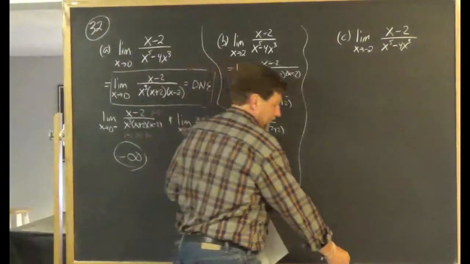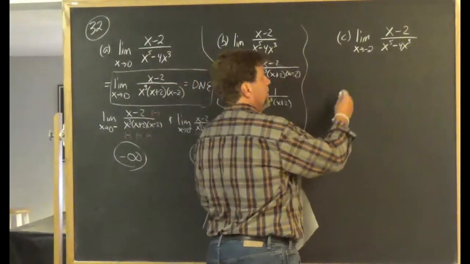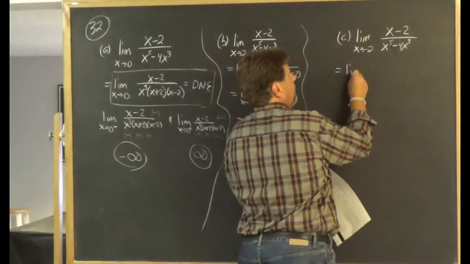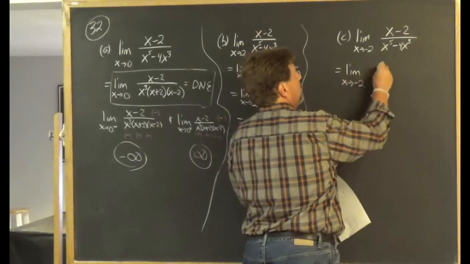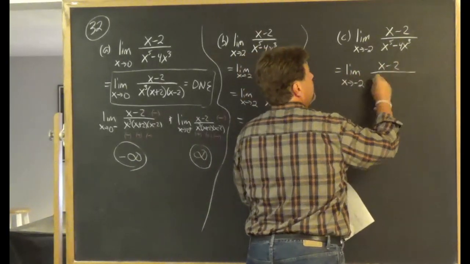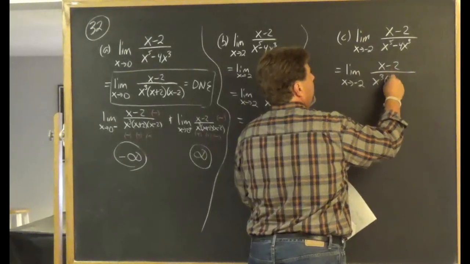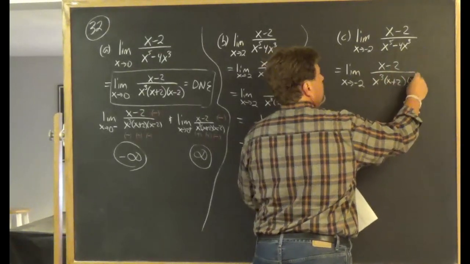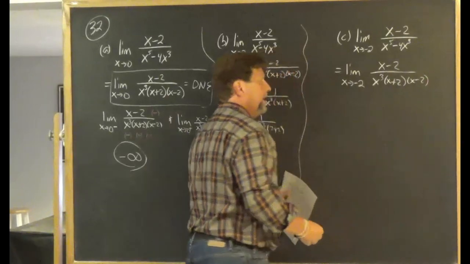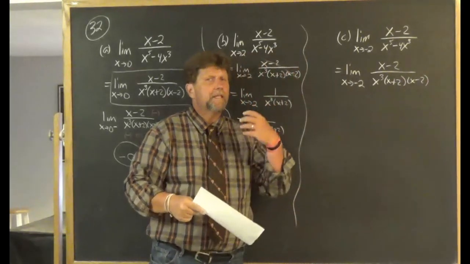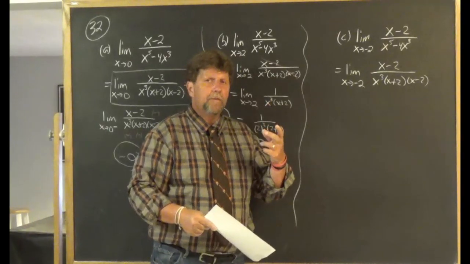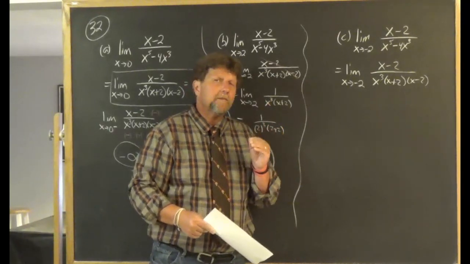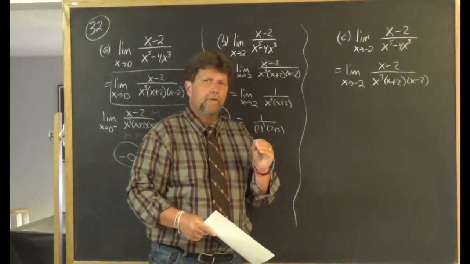Okay, part B, again, the first thing I would do is factor. I have the factorization for the denominator. It's x cubed times x plus 2 times x minus 2. Negative 2 is a number that makes the denominator 0, but the numerator is not 0. So we know there's a vertical asymptote at negative 2.